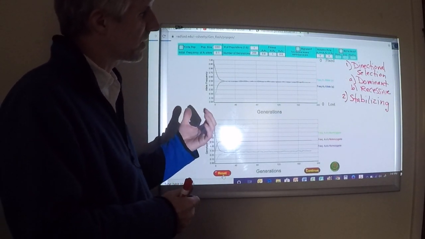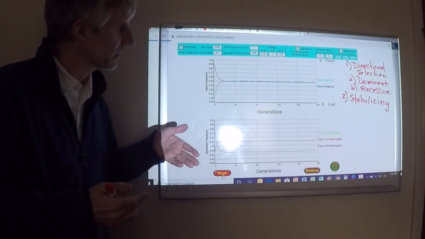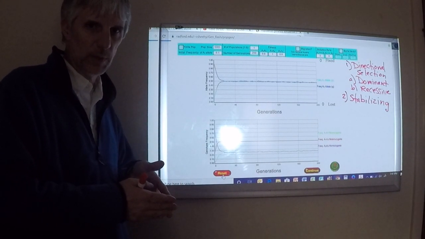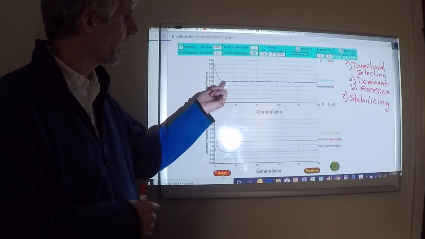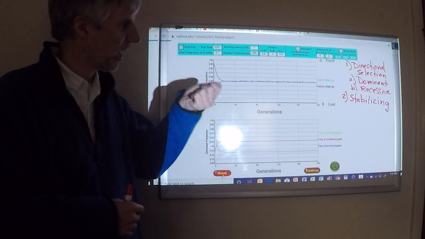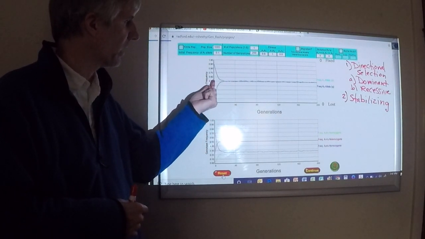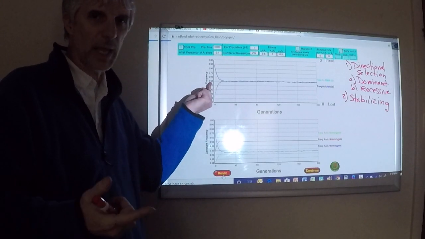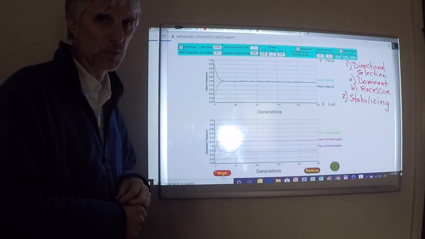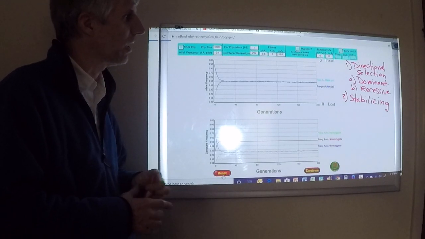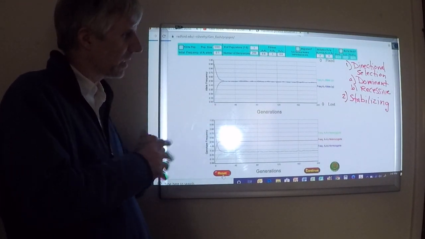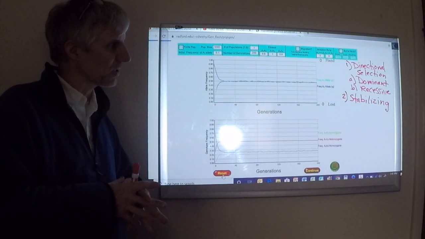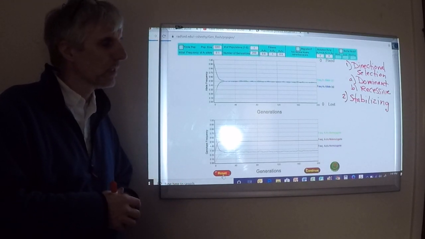Well, in this case, selection is working to keep both alleles in the population. And it's actually working to keep both alleles at the highest frequency that it can, which is 50% A1 and 50% A2. Now, this seems like an unusual situation, but it's actually not so uncommon.